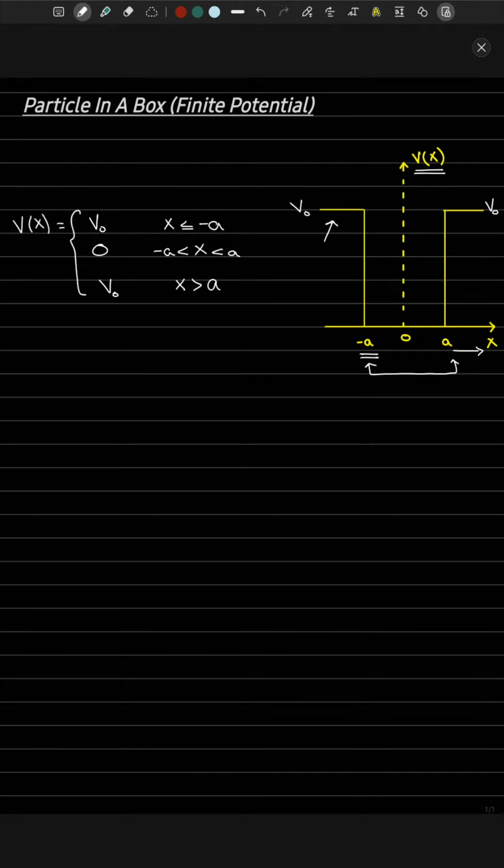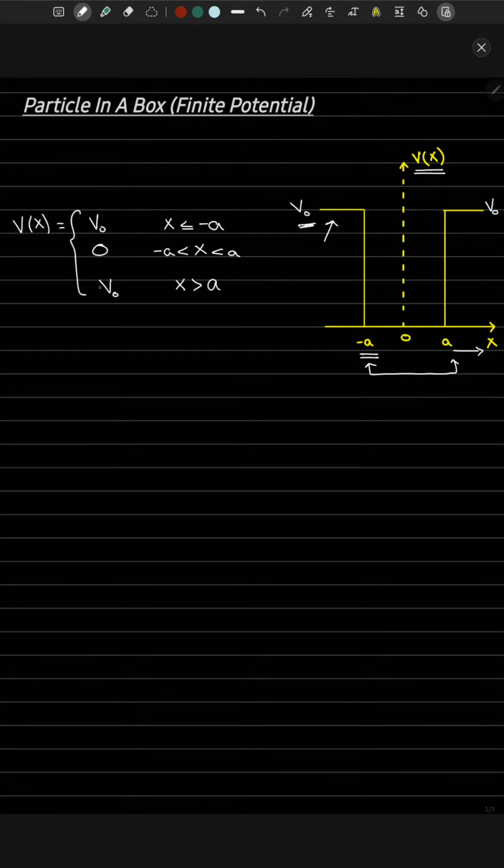And now the next step is to look for the bound state solution, that is, for the energies that are below the potential V naught. Energies above V naught will correspond to unbounded states. I'll just write it down here.